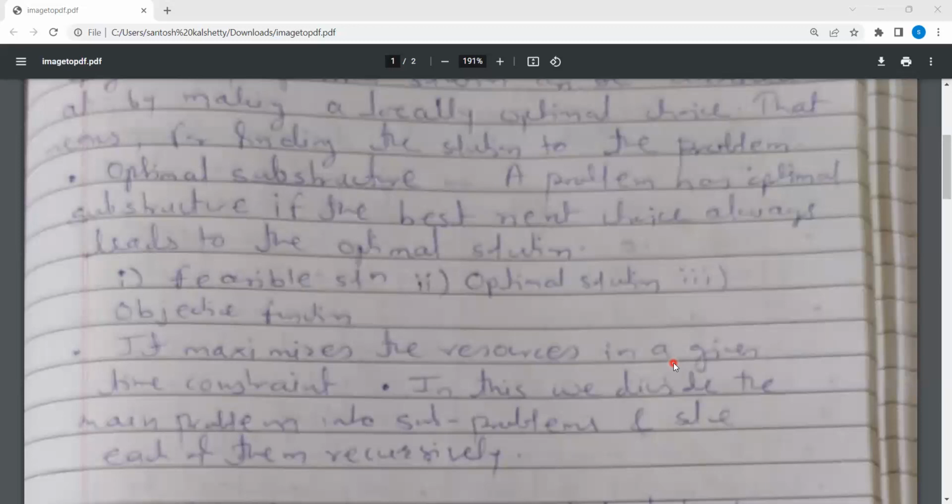Next point is greedy strategy. Next point is it maximizes the resources in a given time constraint. In this, we divide the main problem into sub-problems and solve each of them recursively. These all are the characteristics of greedy method.